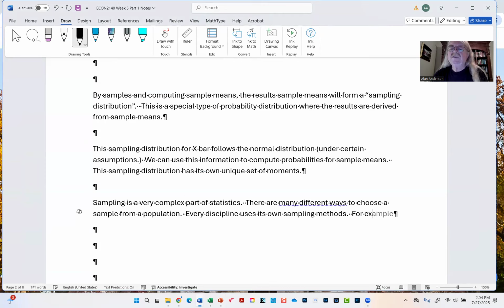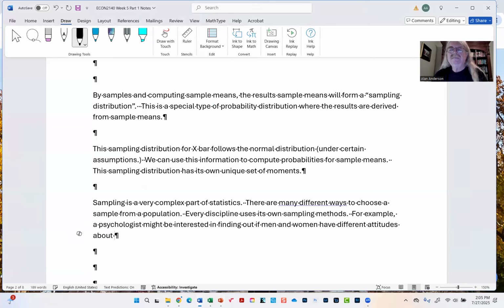Just as a quick example, a psychologist might be interested in finding out if men and women have different attitudes about cars, let's say. It could be literally anything.